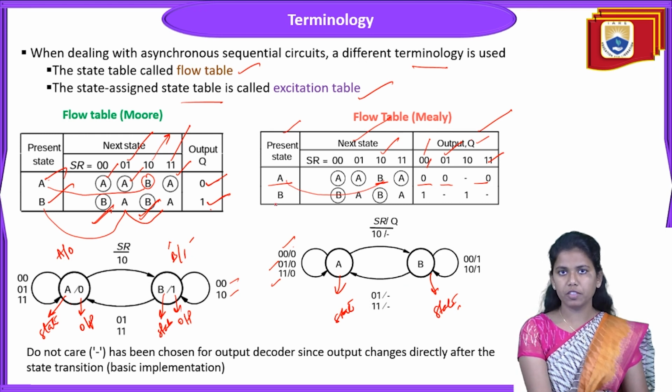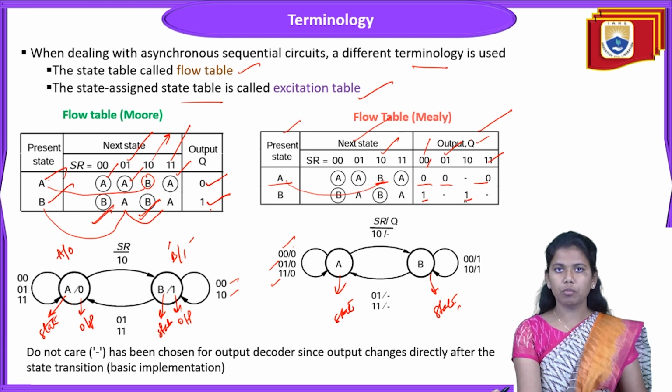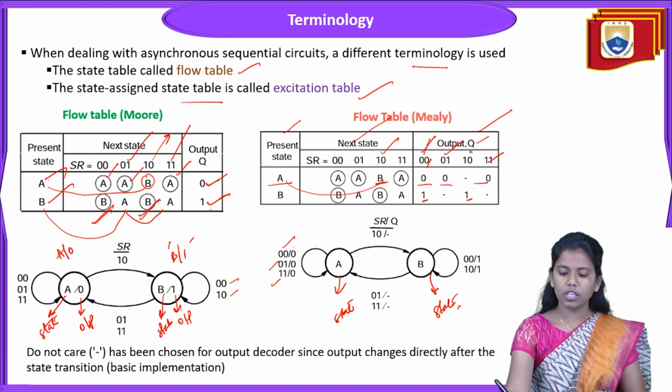Now if you observe state B, what happens with the output 1? It is 0, 0 and 1, 0.